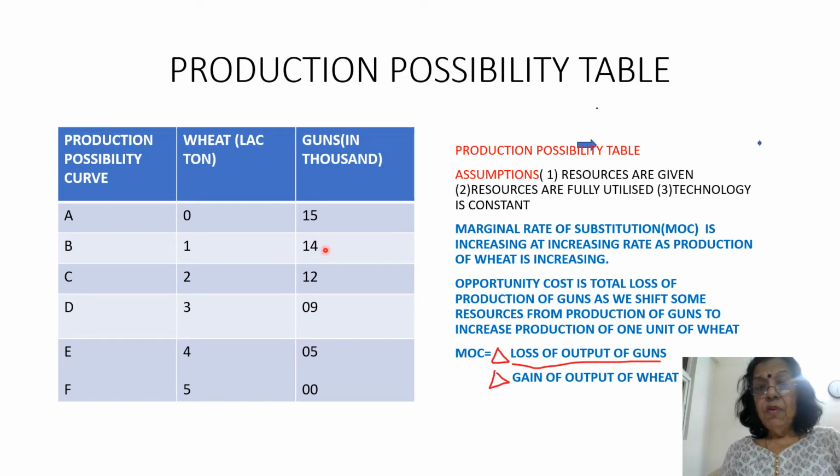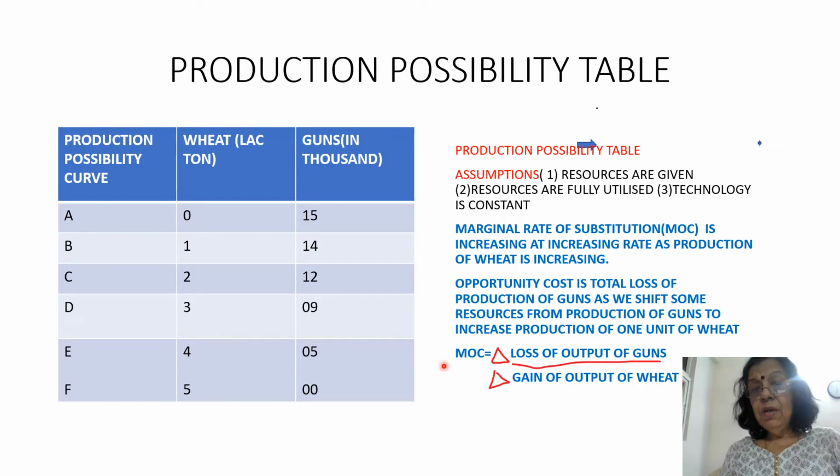Again, for 14 and 1, if the economy wants to increase production of, say, 1 unit here, then production of guns will have to be reduced, and it will come down to 12. That means 2 units. This loss, always remember, is called opportunity cost to increase production of wheat.